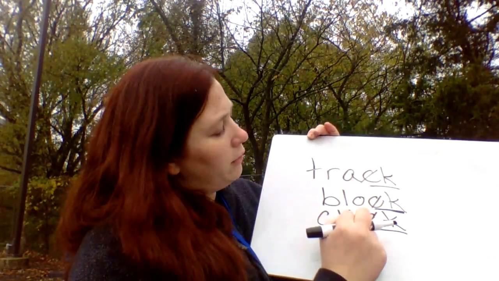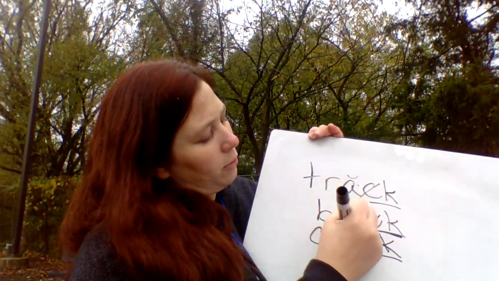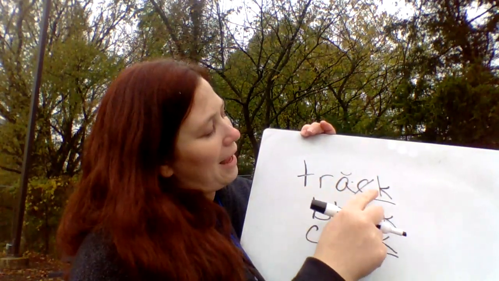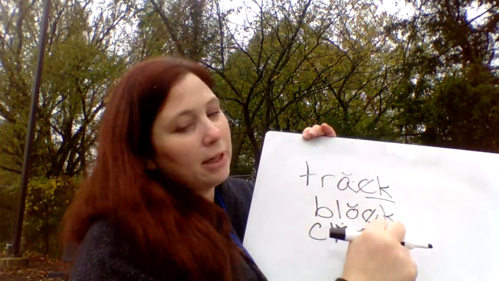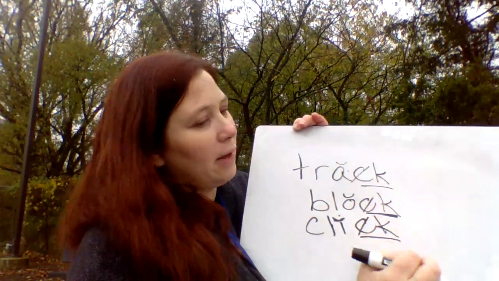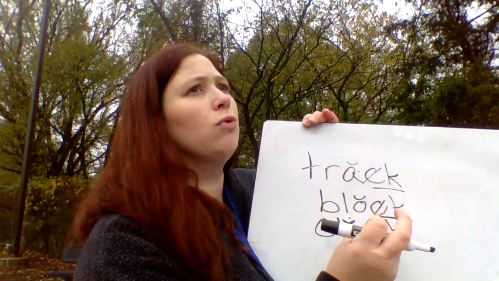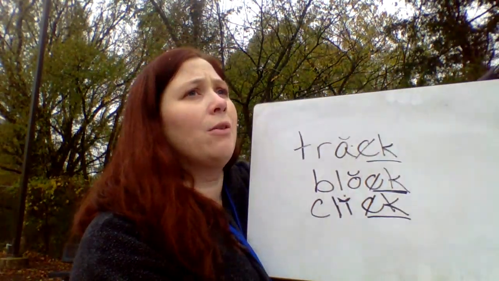Another thing you can notice is that it always comes before a short vowel sound. These would all have brevs. Track, block, click. Okay? So because we say the sound together, it's called a digraph. And we know a digraph is that two letters come together to make a sound.